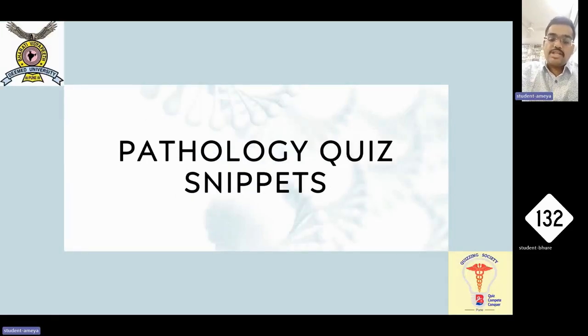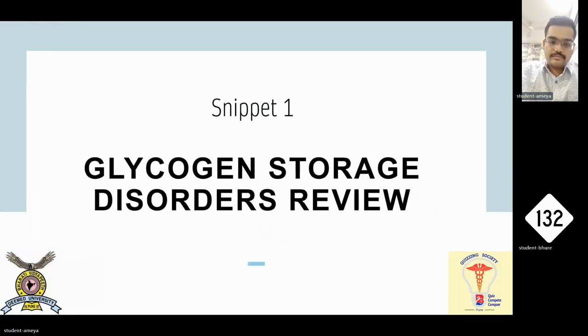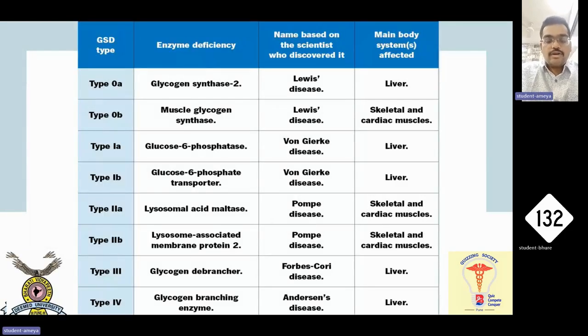So starting with pathology snippet 1. In total, there have been 15 glycogen storage disorders which have been identified, out of which as medical students and students of PG entrance examinations, we are expected to know 9 of them.